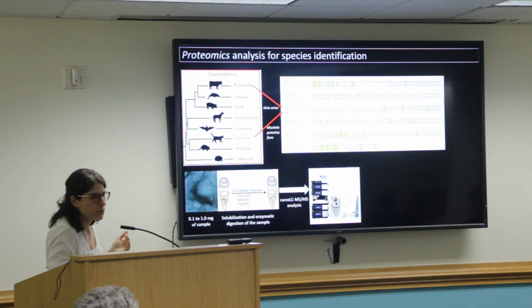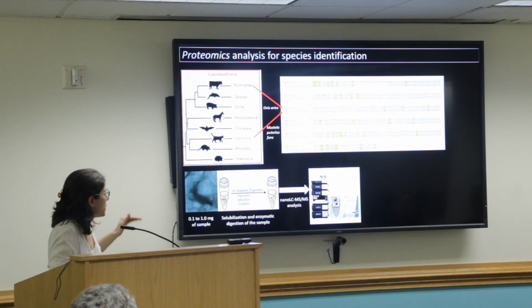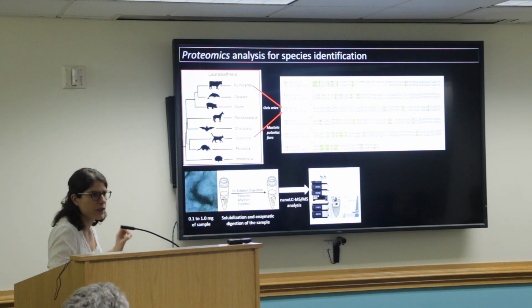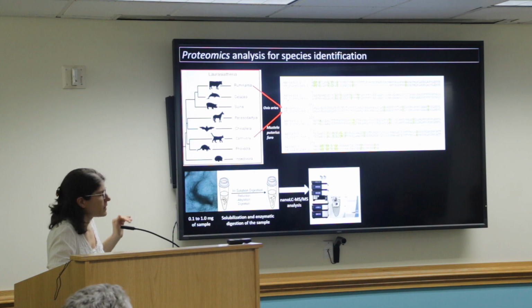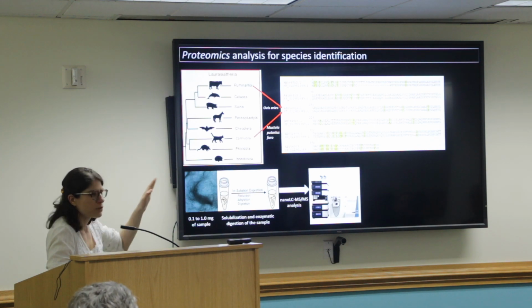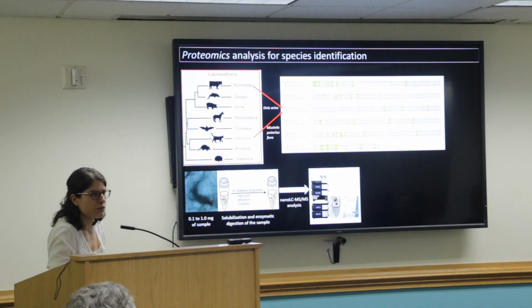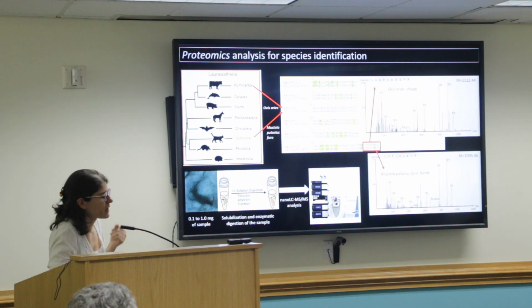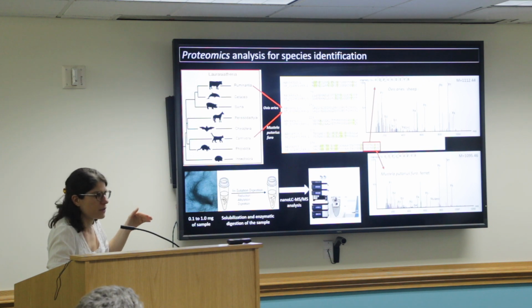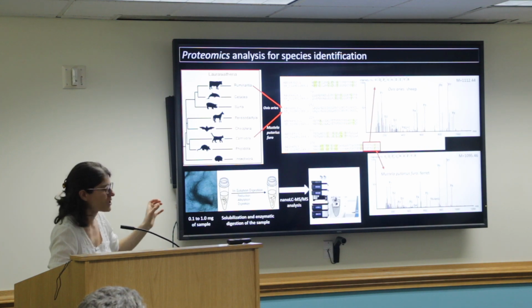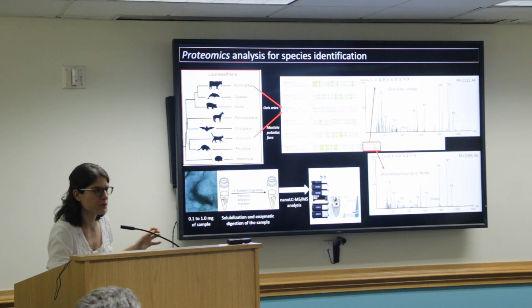When we do the mass spectrometry analysis, we take a small sample, we solubilize it, and we digest this sample with an enzyme, which is going to cut the protein sequence into small fragments. These small fragments are called peptides, and then we analyze them by mass spectrometry, and we can reconstruct the sequence, or match the mass spectrum to a specific sequence.